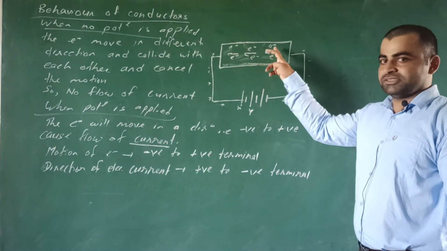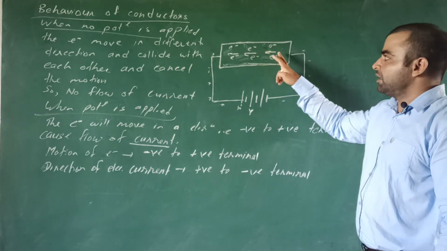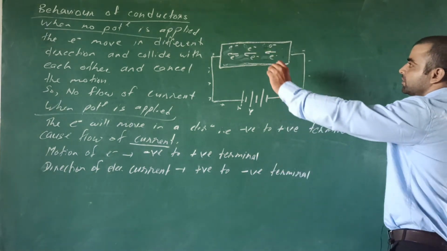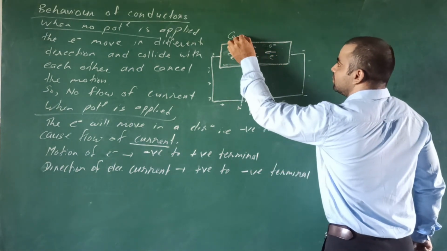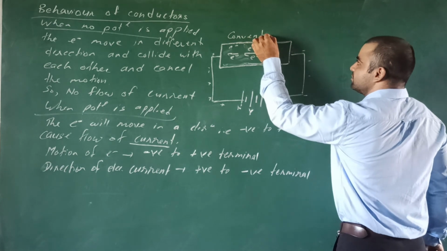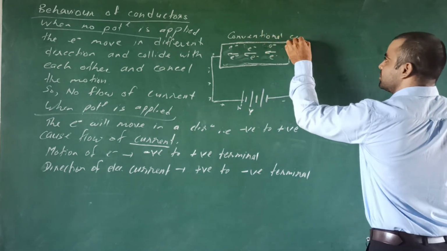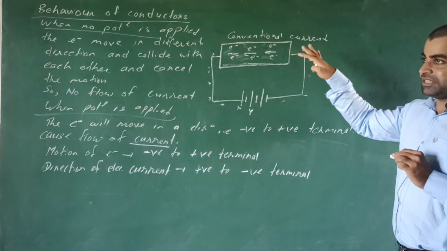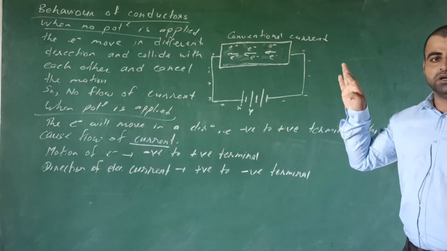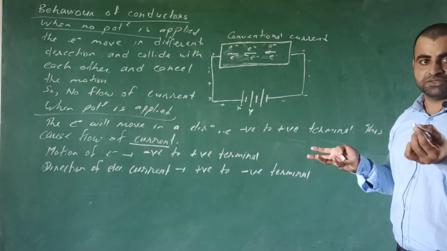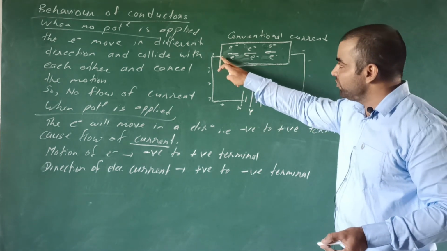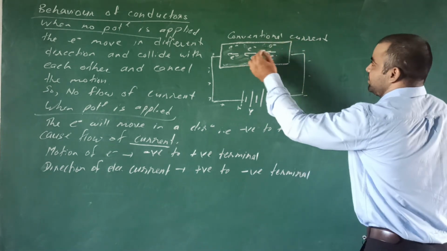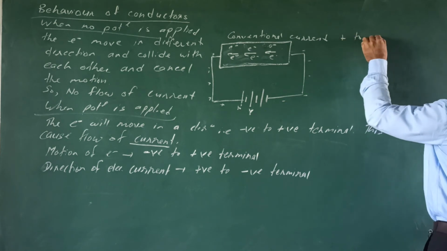Inside the conductor, the current is known as conventional current. The direction of conventional current is the direction of movement of positive charge. Positive charges move from positive to negative, so the direction of conventional current is from positive to negative terminal.